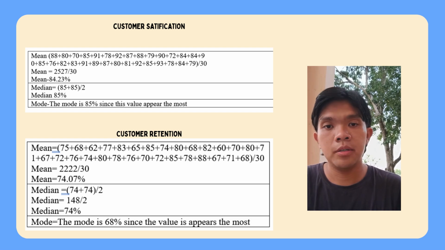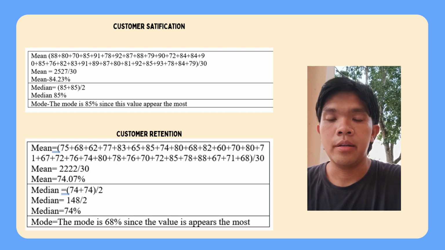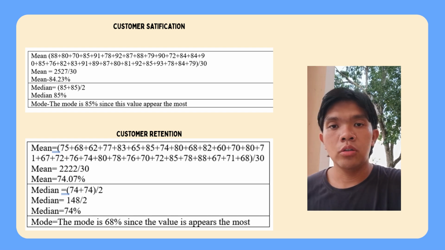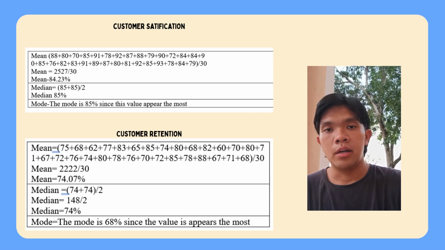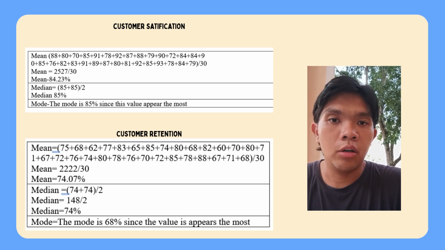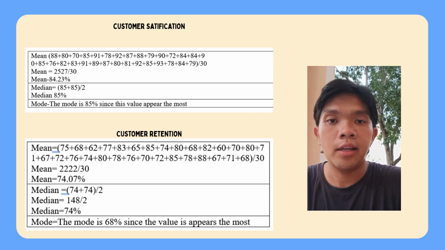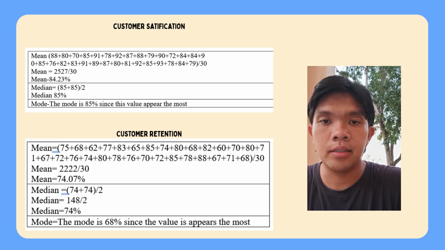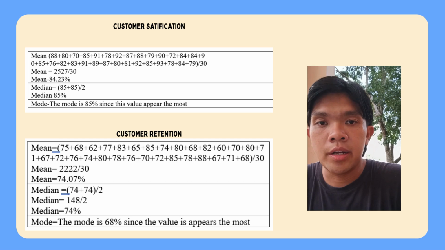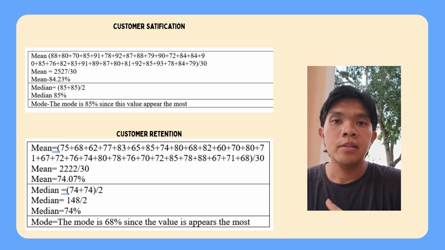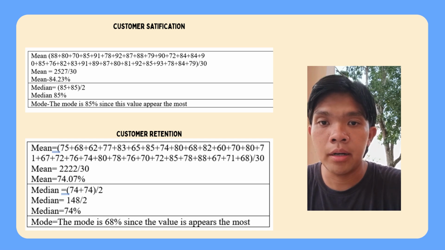For the customer satisfaction, the mean is 84.23%. This is because after we add all of the customer satisfaction percentages, we get 2,527 divided by 30. So, we will get 84.23. For the median of customer satisfaction, based on the data, the count is an even number.